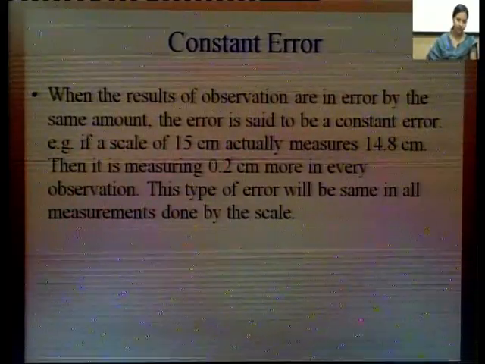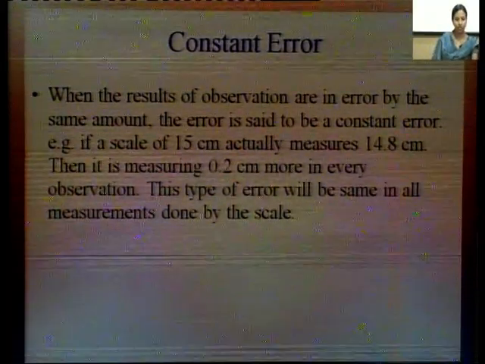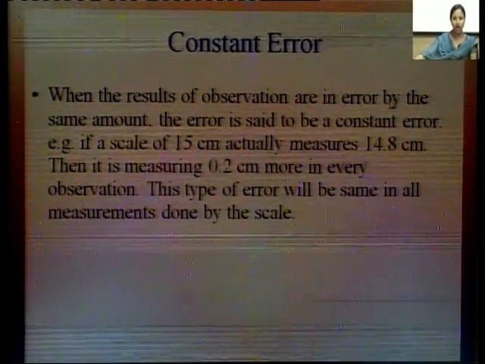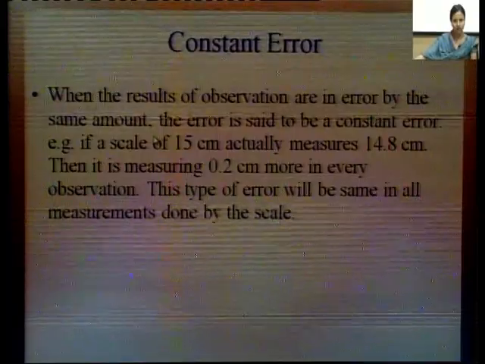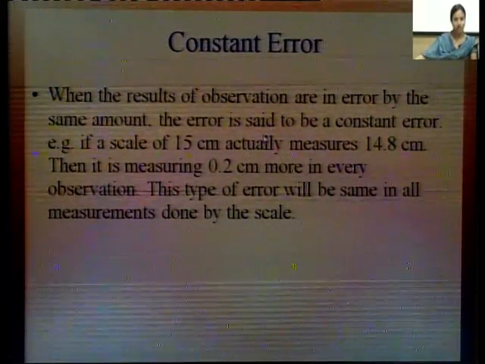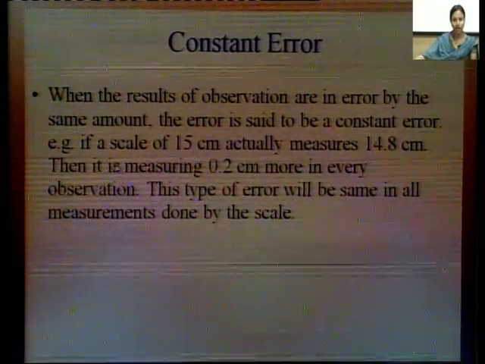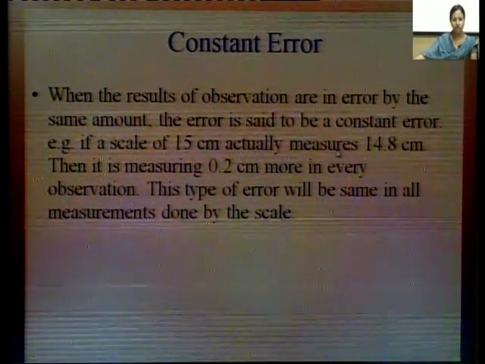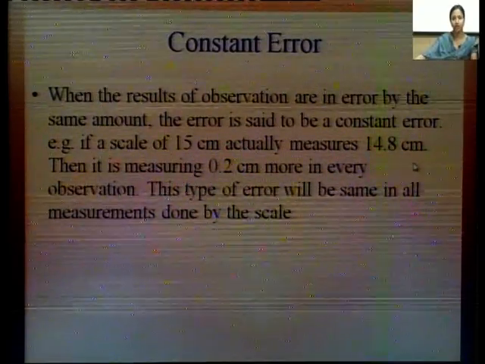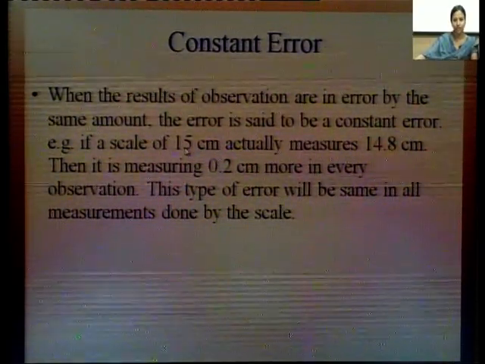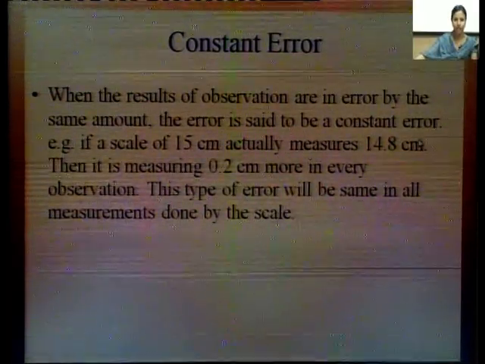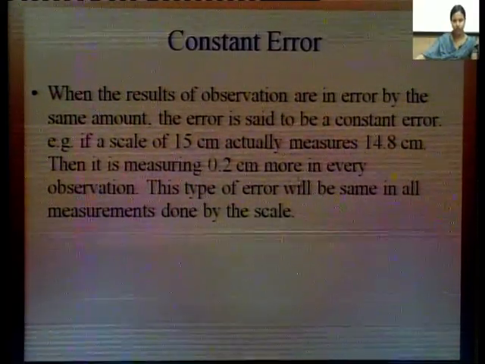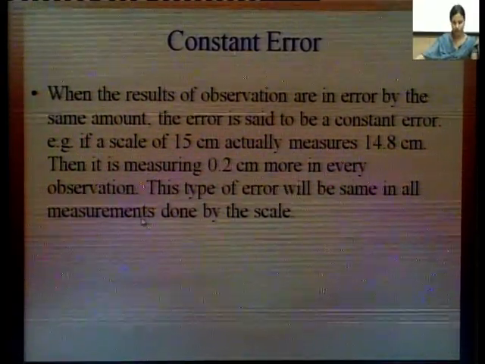Next type of error is constant error. When the results of the observations are in error by the same amount, the error is said to be a constant error. For example, if a scale of 15 centimeter actually measures 14.8 centimeter, then 15 minus 14.8 is 0.2, so it is measuring 0.2 centimeter less in every observation.